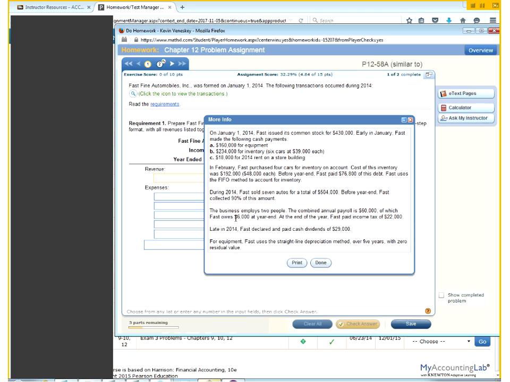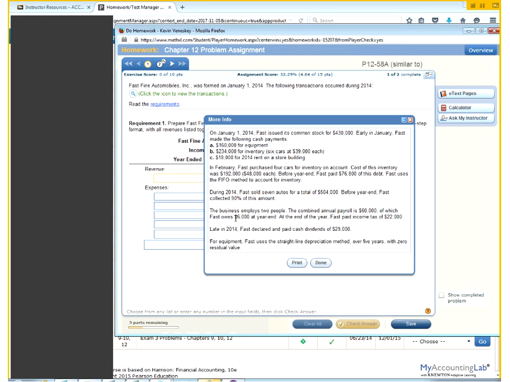Again, crediting cash. So far as I'm going, I would be having T accounts for all of the items that have been listed so far. So I've got the cash going, I've got the inventory, and the equipment, I've got my common stock, and I even got the rent expense showing up.